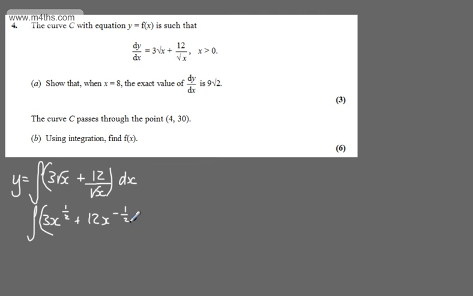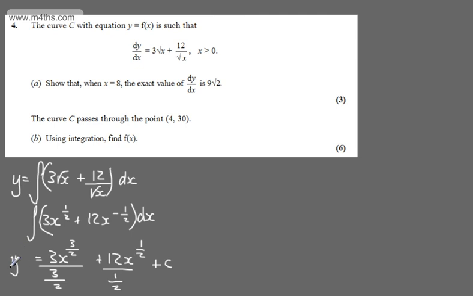So that's the integral, and we're simply going to go ahead, raise the power by 1 and divide by the new power. So we'll have now that y will be equal to 3x to the power of 3 over 2, that's raising by a power, divided by the new power of 3 over 2, plus 12x to the power of positive 1/2 divided by positive 1/2 plus our constant of integration.